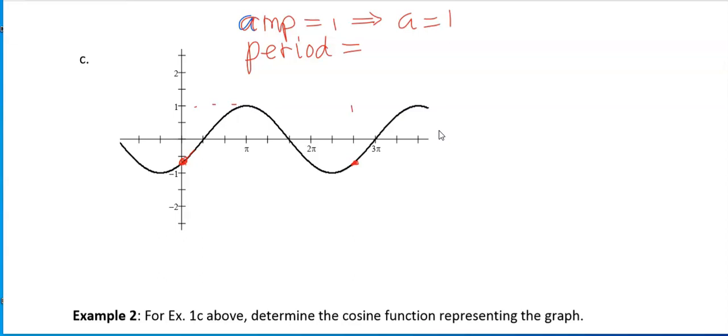Now I can see there's an x-intercept, but there's no value given, you see? What would that be? If I could figure out what that x value was, that's my period. Because I'm going from the y-intercept right up to the corresponding point on the next cycle of the curve.